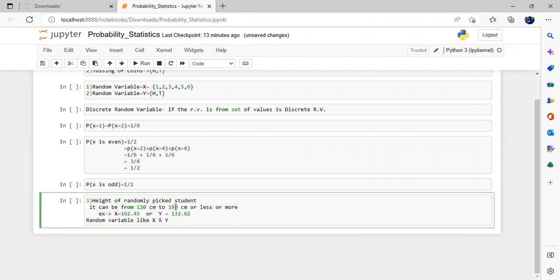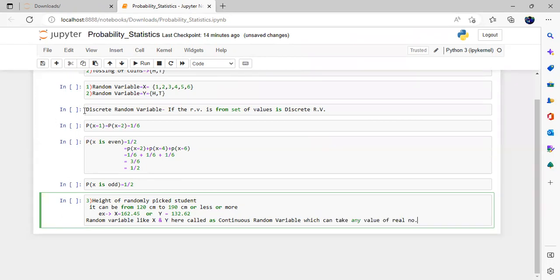Is it clear for continuous random variable? Like x and y here are called continuous random variables, which can take any value of real number.